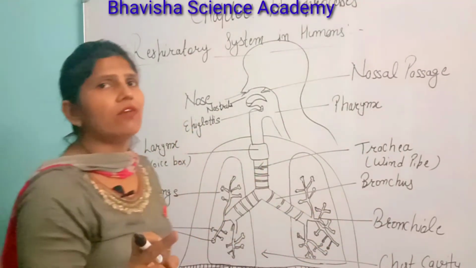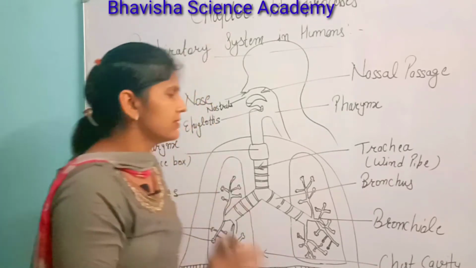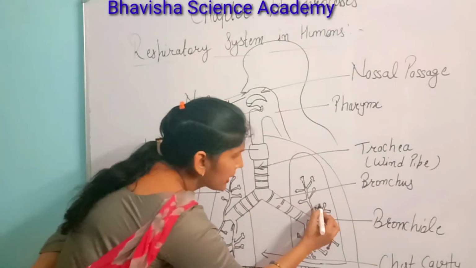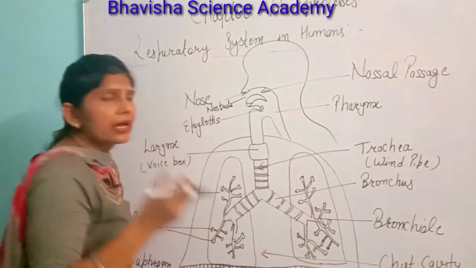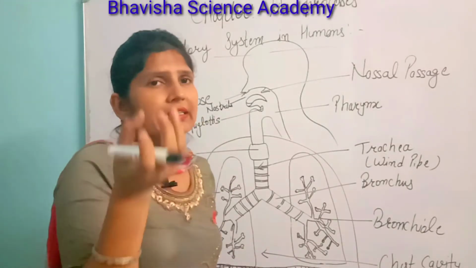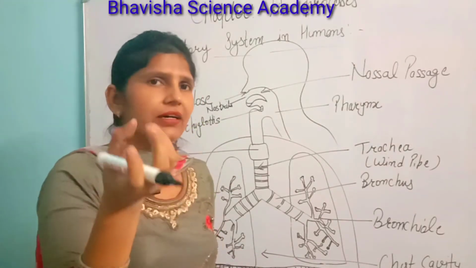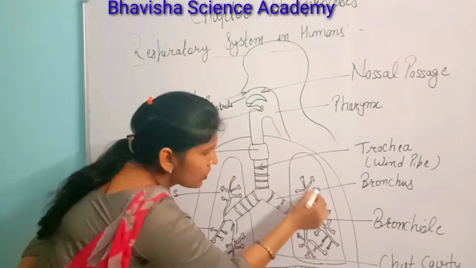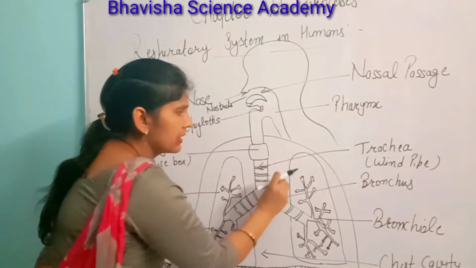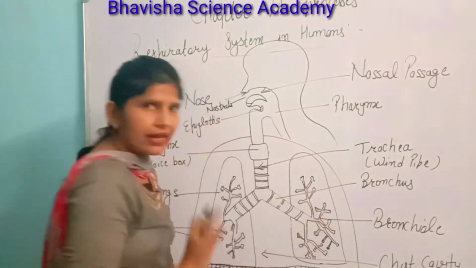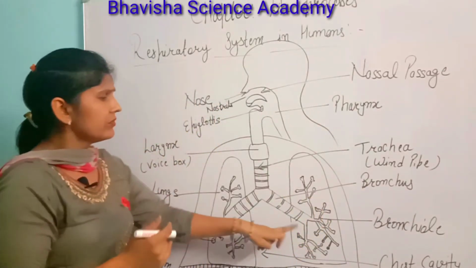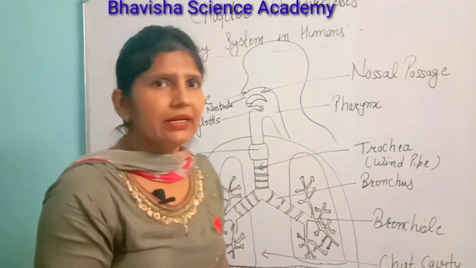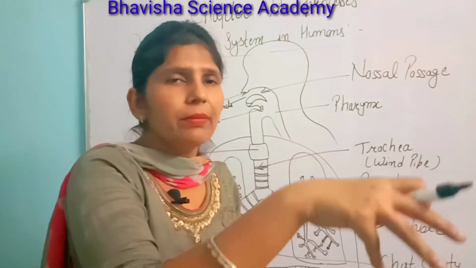At the end of these bronchioles, there are balloon-like, bag-like structures that will be filled by the oxygen. Blood vessels surround all these alveoli. Oxygen will come inside and be absorbed into the blood. Blood absorbs the oxygen from here.